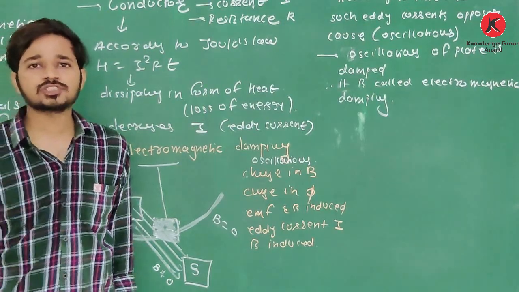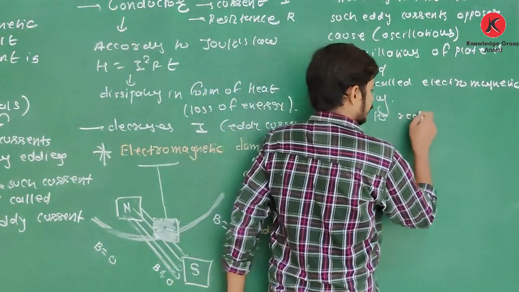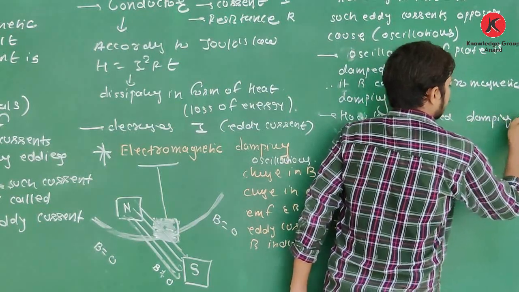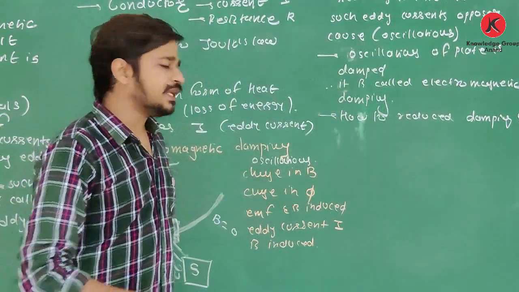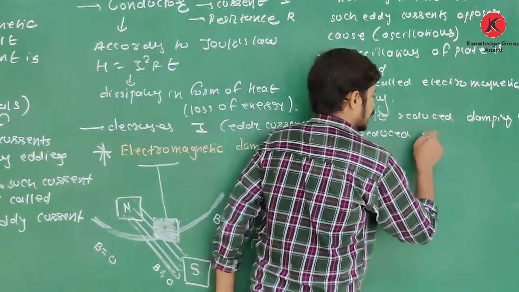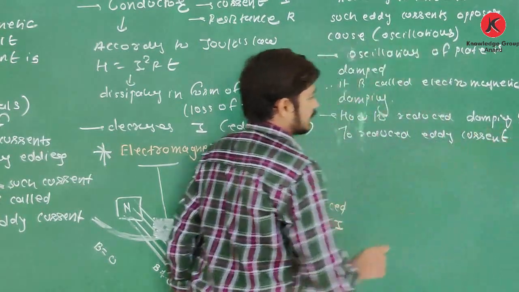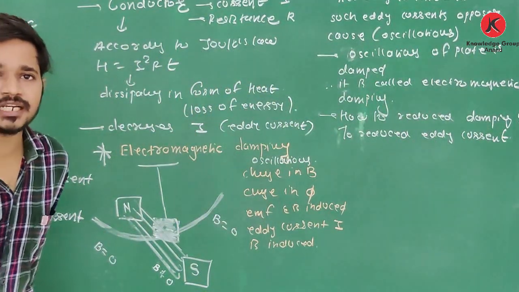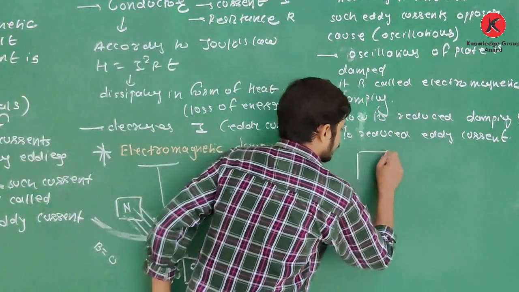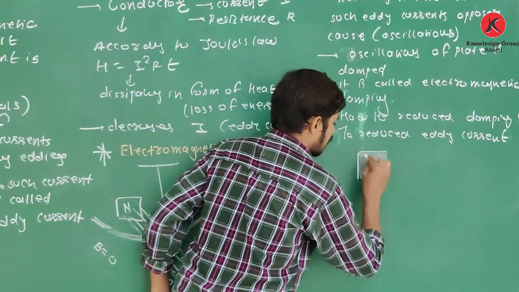Now, how to reduce this damping? Yes, to reduce damping, you have to reduce eddy current. And how to reduce eddy current? See, here we have used a plate like this, fully made up of metal.